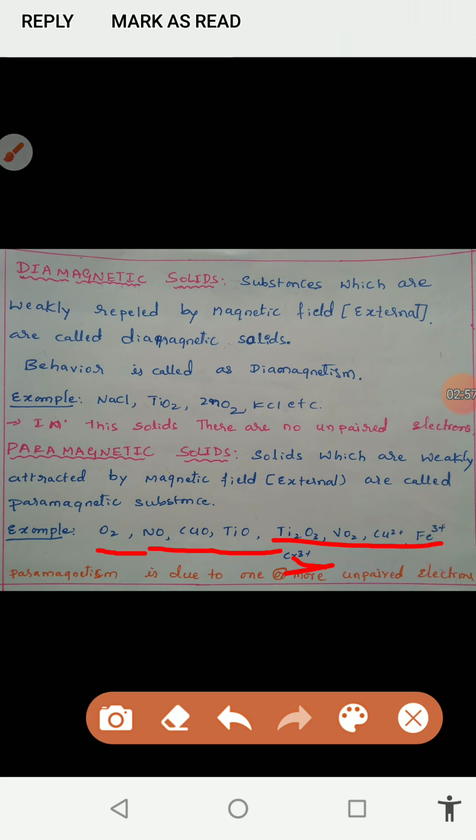Here these substances show magnetic property due to the presence of unpaired electron. Due to the presence of one or more unpaired electrons, these substances show paramagnetic properties.